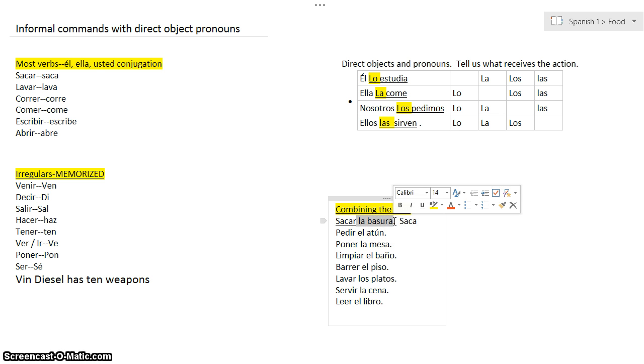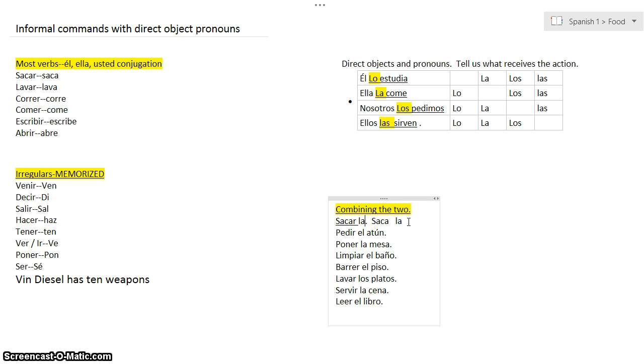So we're going to replace la basura with one word. In this case, it's going to be la because it's feminine. It's singular. Sacar la basura. So let's take that and let's do la. So now we have saca and we have la, right?